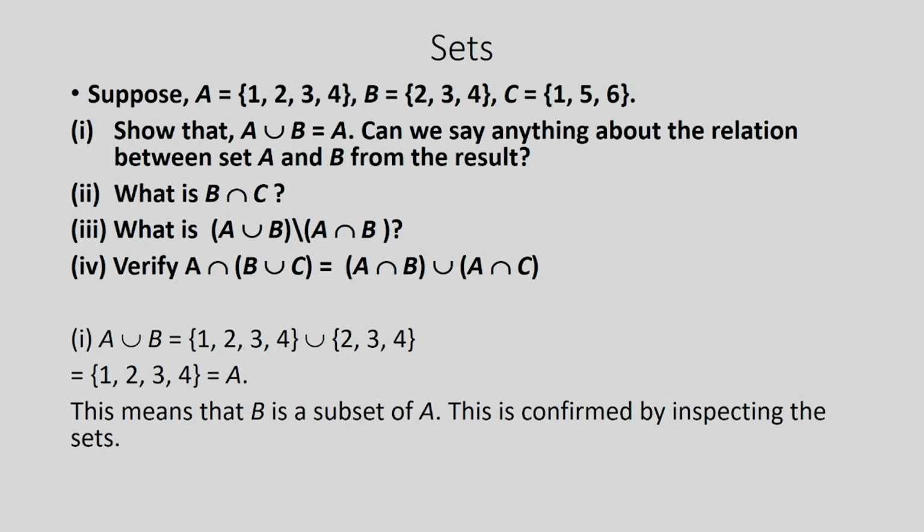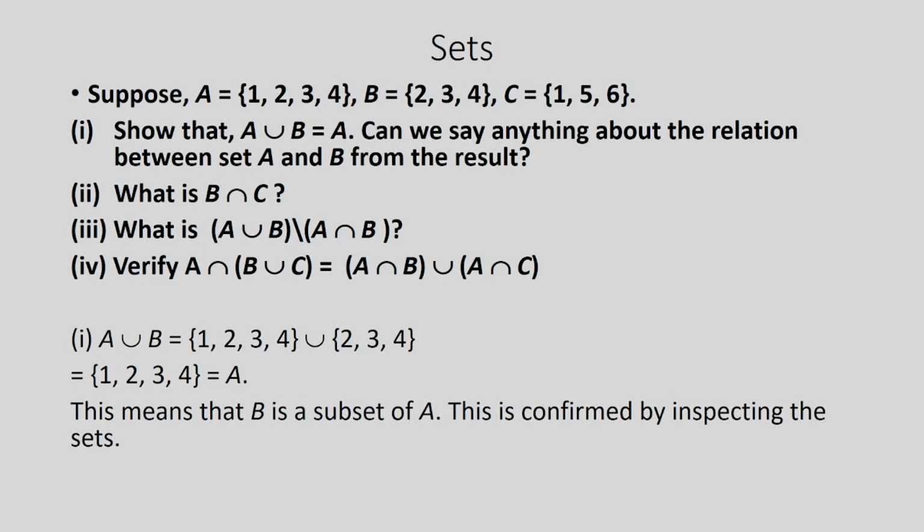And then we have set B has 3 elements, 2, 3 and 4. And then you have the third set C, which has 3 elements, 1, 5 and 6. Okay, so these 3 sets are given to us. We have to answer 4 questions.